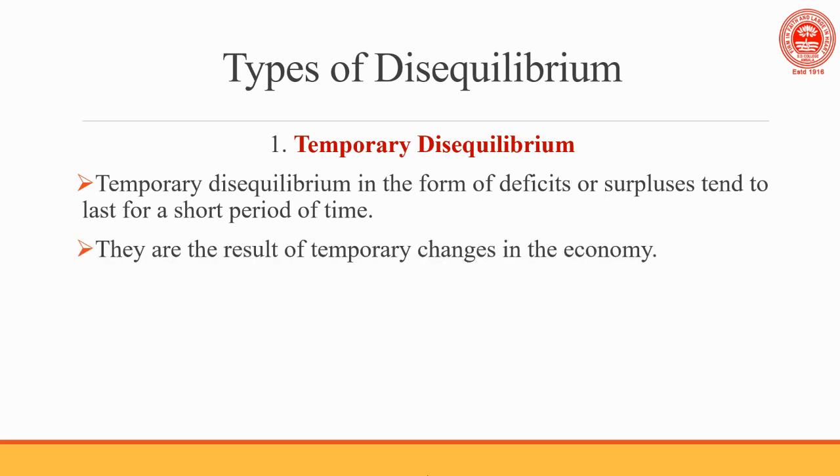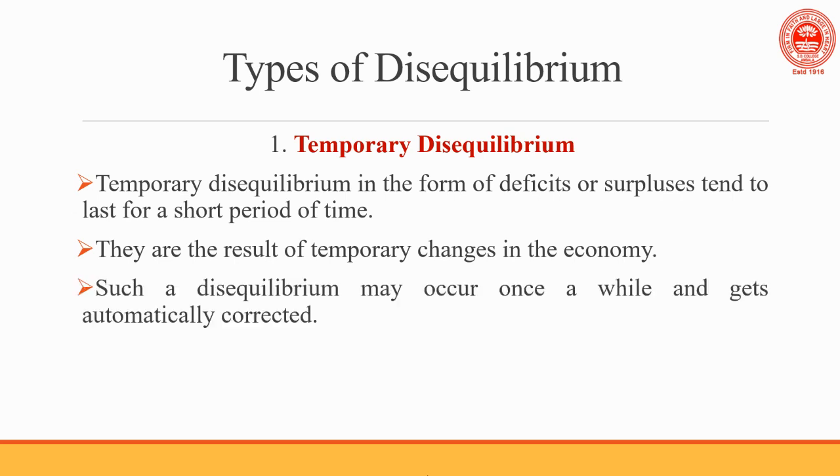For example, there may be any crop failure or any kind of seasonal fluctuation, or maybe any effect of weather on agricultural production. So, due to some temporary changes, there might be this temporary disequilibrium. And such a disequilibrium may occur once in a while and gets automatically corrected, and it does not pose any kind of serious problem for the country.